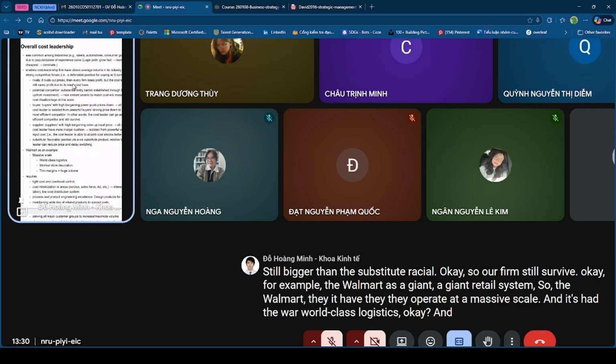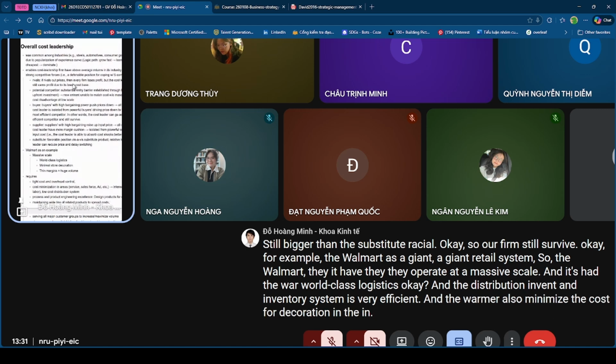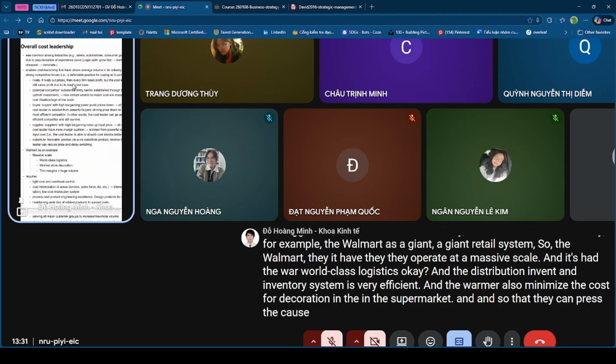And the distribution and inventory system is very efficient. And Walmart also minimizes the cost of decoration in the supermarket, so that they can press the cost. And it has the lowest cost structure in the industry.